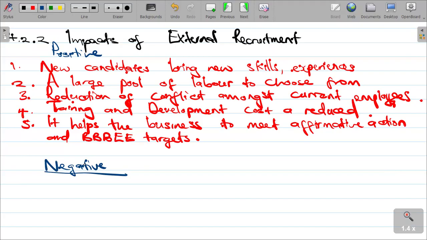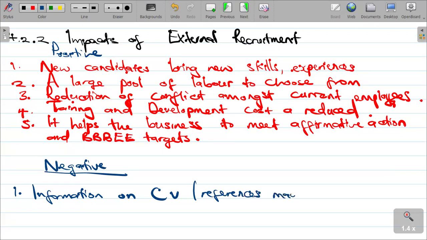You can find that information on CVs may not be reliable. Information on references may not be reliable.